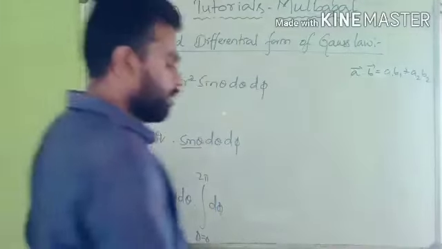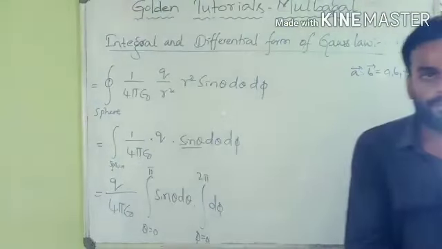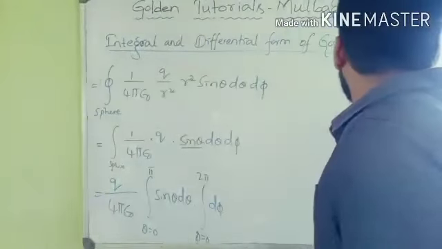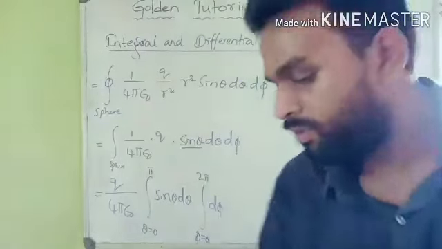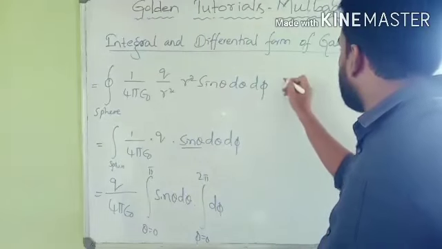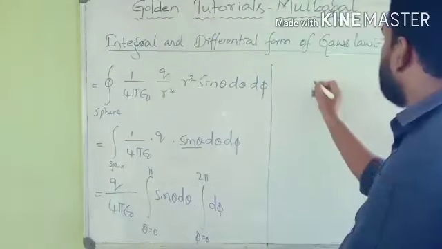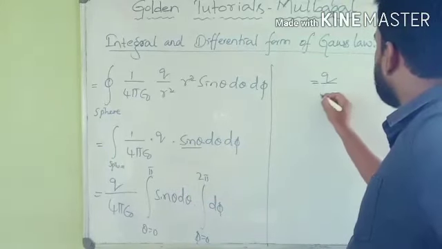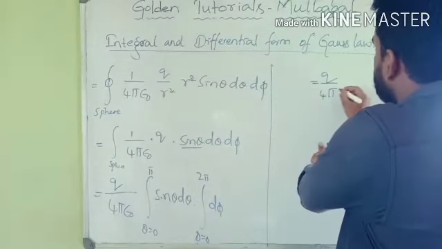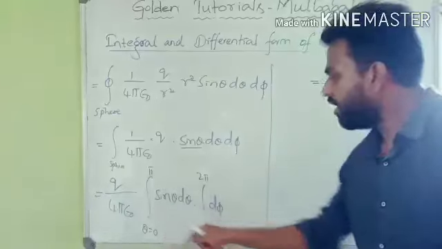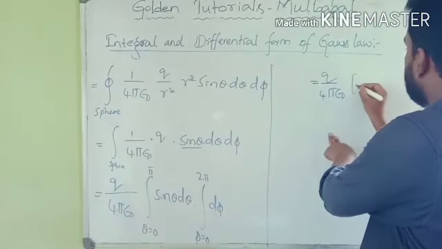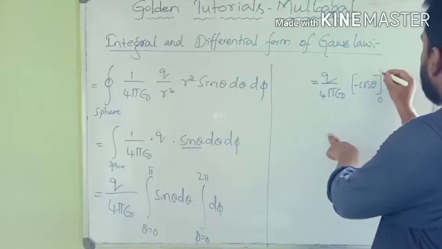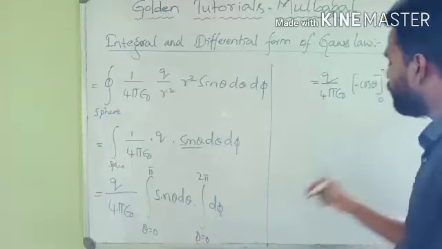Now see, if you solve this integral, the quantity becomes q divided by 4 pi epsilon naught as it is. What is the integral of sin theta? It is minus cos theta, where theta varies from 0 to pi, and what is the integral of d phi?